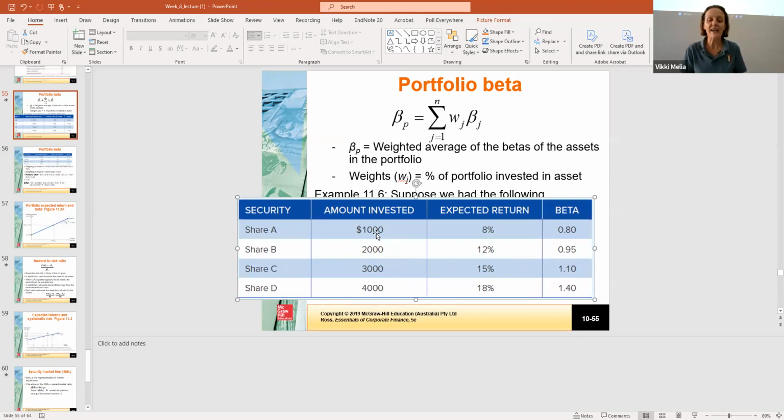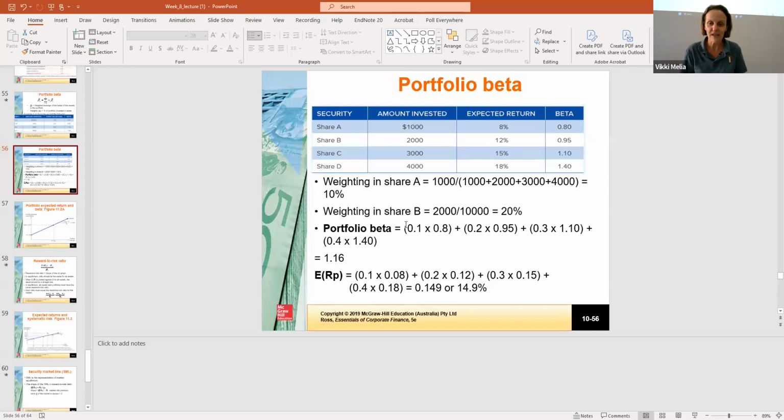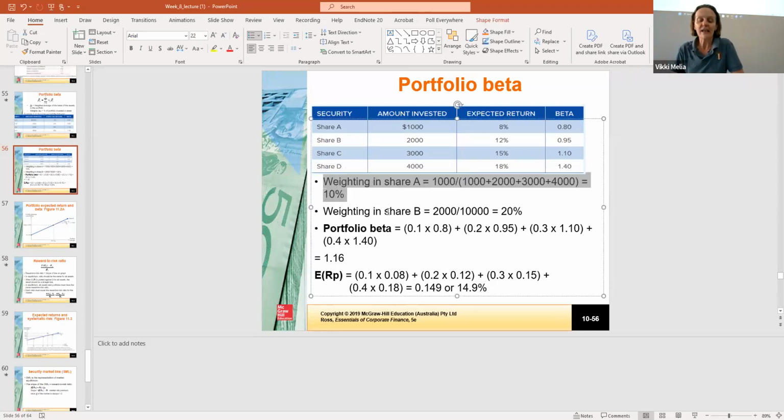So it's just the weight multiplied by the beta and then add them all together. So we've actually done that on the next slide. I've included the calculation to show you how I work out the weighting for share A, B, and you just repeat that for C and D.